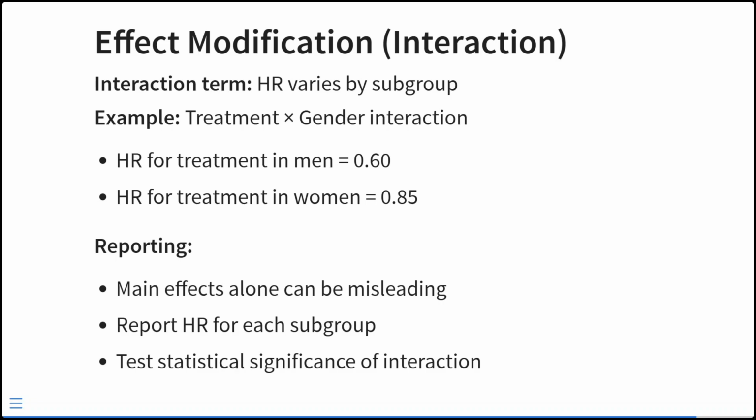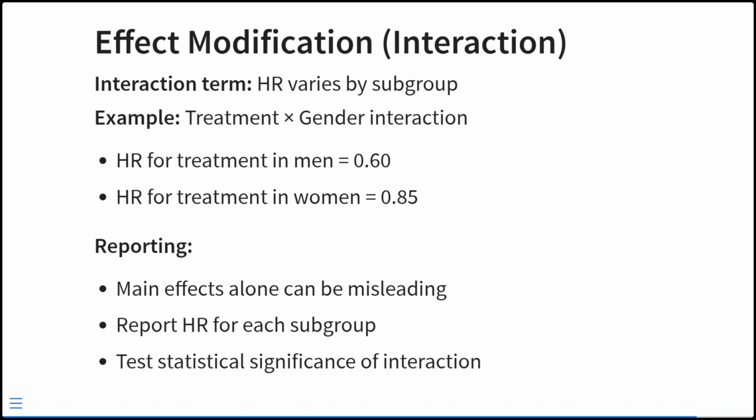So in terms of the treatment for men, the hazard ratio would be 0.6. But when you now consider women, you see that the hazard ratio has increased to 0.85. Which means that the difference between treatment A and B is going to be 0.4 for men, while for women it is going to be 0.15.